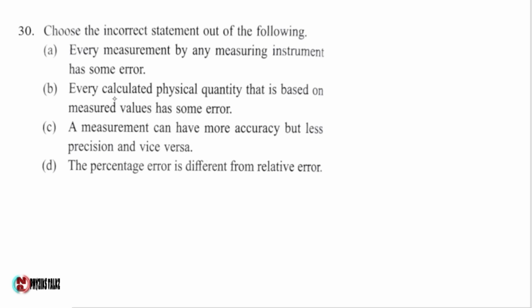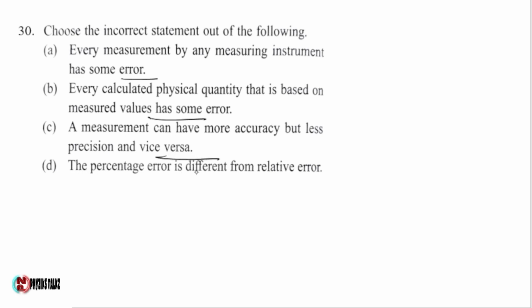Next question, choose an incorrect statement out of the following. First option, every measurement by a measuring instrument has some error. It is a correct statement. Every calculated physical quantity that is based on measured values has some error. It is also a correct statement. A measurement can have more accuracy but less precision, and vice versa. This is also a correct statement.